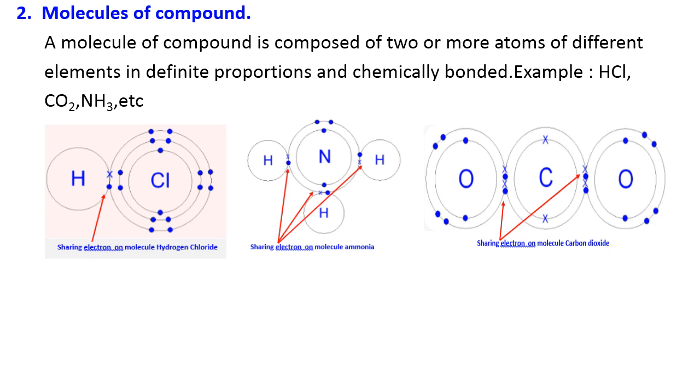And at the right side, there are four electrons too, sharing between atom C and atom O. So here, with sharing of electrons, the carbon atom obeys the octet rule, and the two oxygen atoms obey the octet rule too. So atom C and atom O can achieve stability of electron configuration.